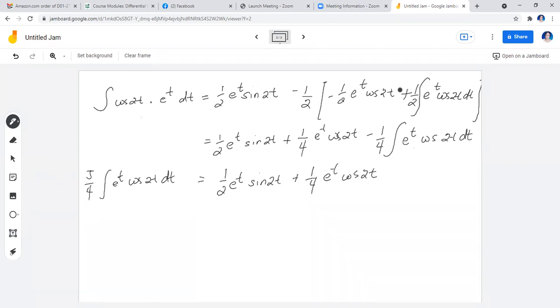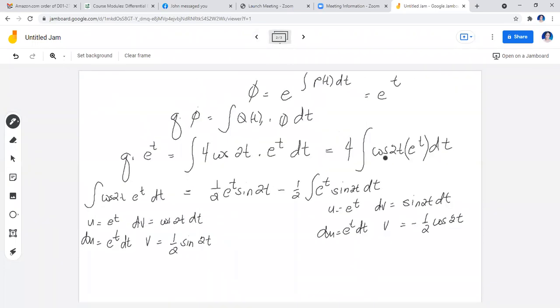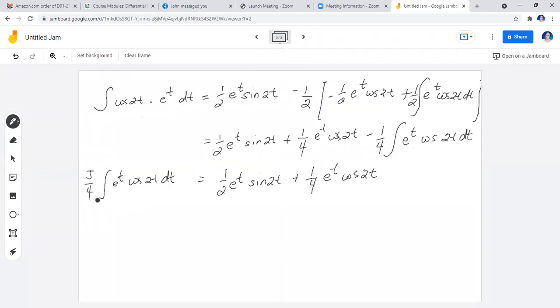Now, since we are after the integral of e raised to t cosine of 2t, that's the one that we're trying to find. In here, I will multiply this entire equation by 4/5. That way, this becomes 1, the coefficient here.